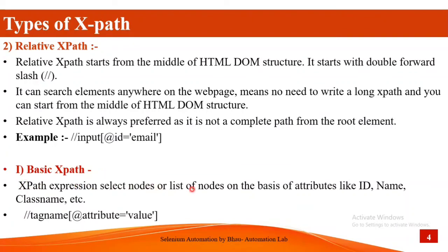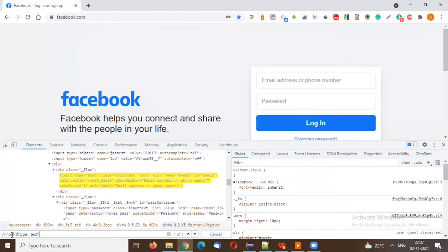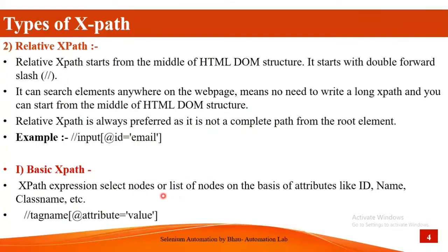An XPath expression selects a node or list of nodes on the basis of attributes like ID, name, class name. We have already taken one basic example of XPath here, with the tag name input, and with the help of XPath expressions we can select a node or list of nodes on the basis of attributes.